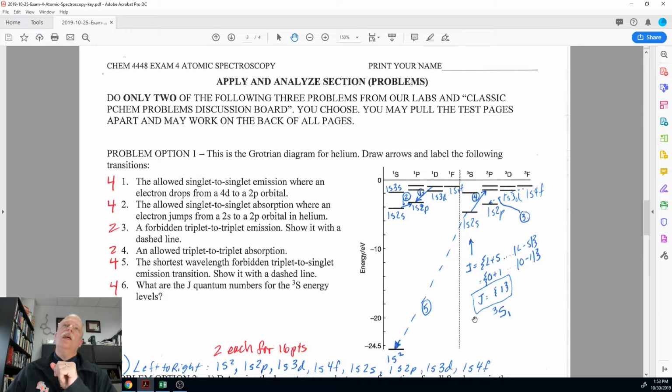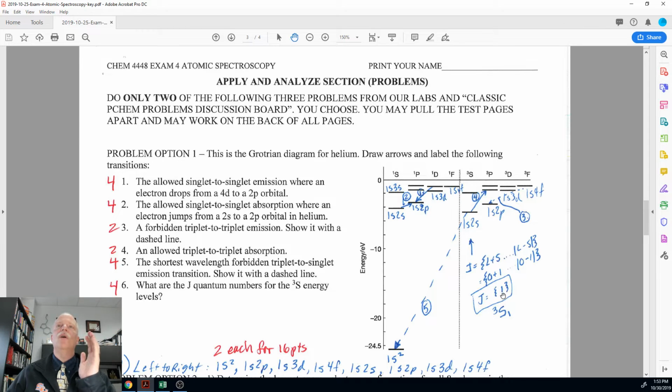So the J values are L plus S going down to L minus S. So this is the maximum value, that's the minimum value. The maximum value, since it's an S term, L is equal to 0, S is equal to 1 because it's a triplet. And then 0 minus 1 is negative 1, but we take the absolute value, and that's the minimum. So the minimum is 1, the maximum is 1.